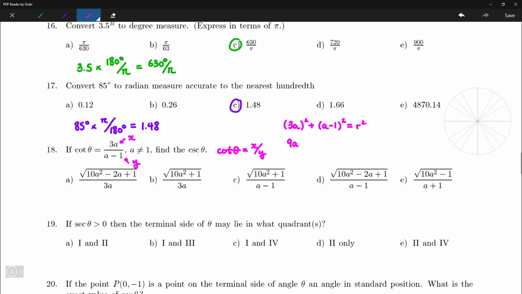So that would be 9a squared plus a squared minus 2a plus 1 equals r squared. And that will simplify to 10a squared minus 2a plus 1 is equal to r squared. Continuing on the other side, so r is going to be equal to plus or minus the square root of 10a squared minus 2a plus 1.